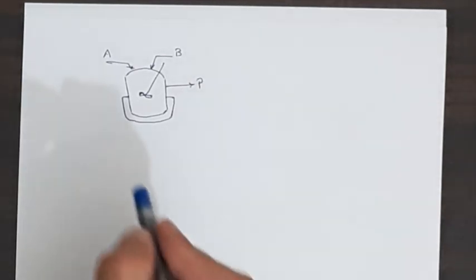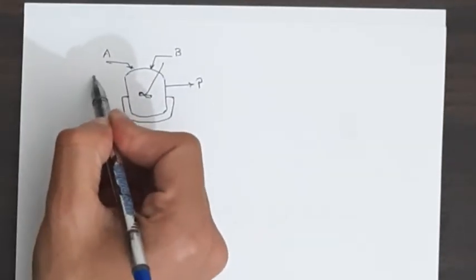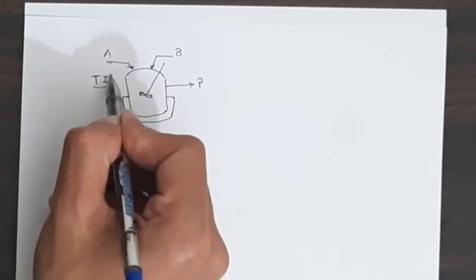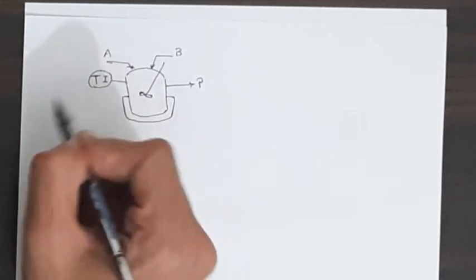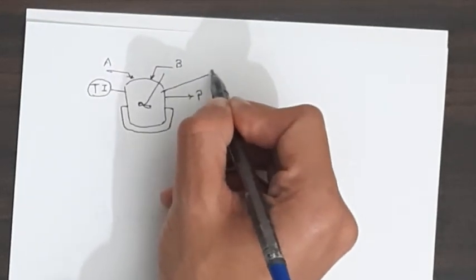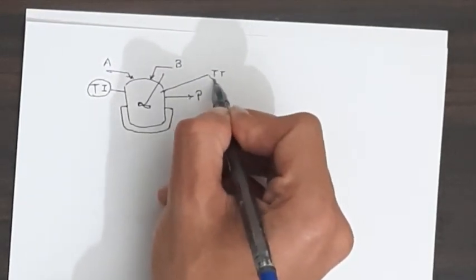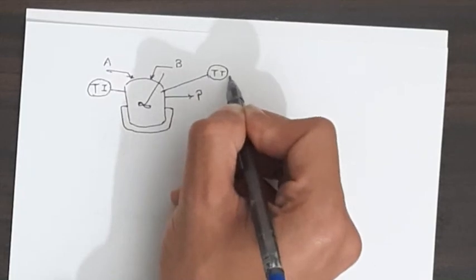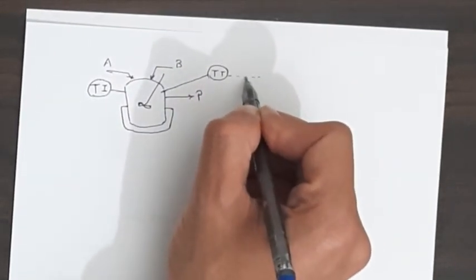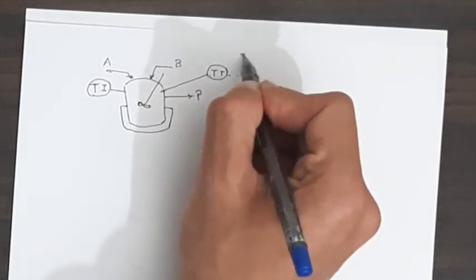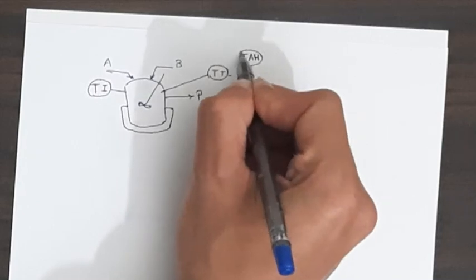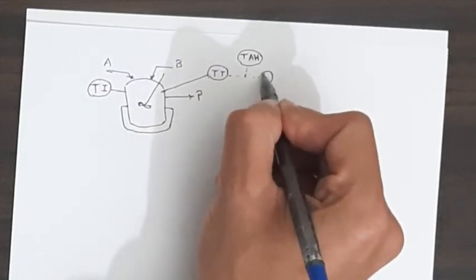First of all, there is an indicator, so we have temperature indicator TI, and you have a temperature transmitter T. The temperature transmitter transmits an electrical signal to both the temperature alarm high and the temperature controller.